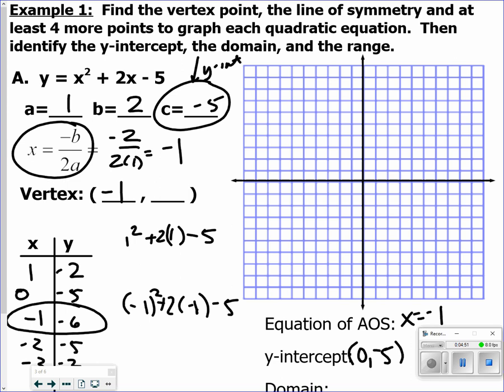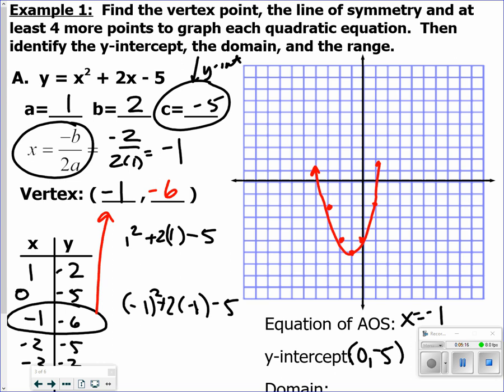So negative 1, negative 6, and 0, negative 5. Again, that is your y-intercept. Then positive 1, sorry, negative 2. So the vertex was at negative 1, negative 6. I've got to make sure to go ahead and write that into the blank. There are a lot of people that actually forget, they have it in their XY chart, but they forget to write it in the blank.